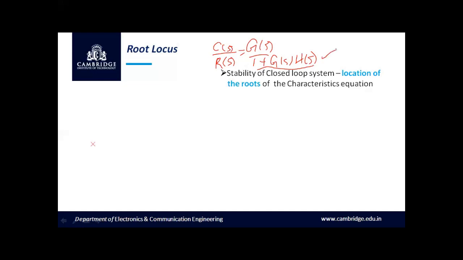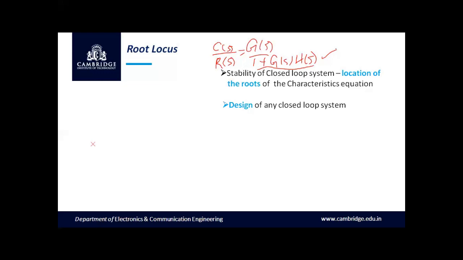Hence, it is very important to know how the closed loop poles move in the S-plane if some of the parameters of the systems are varied. The knowledge of such movement of the closed loop poles with the small changes in the parameters of the system will greatly help us in the design of a closed loop system.